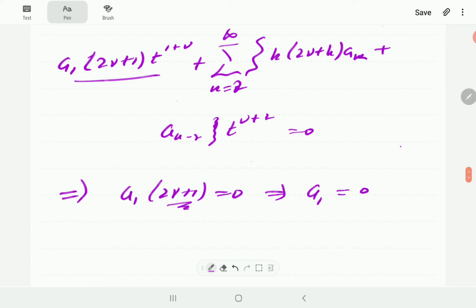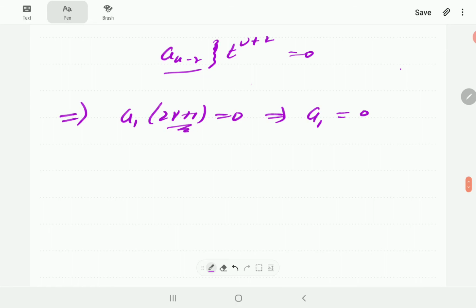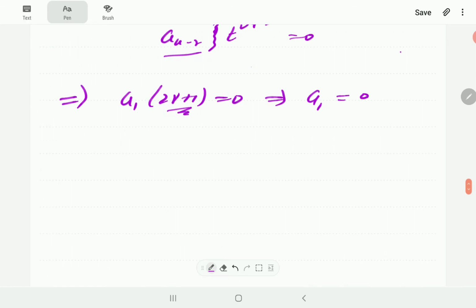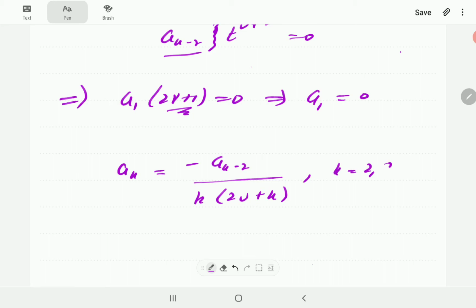And then similarly, this term is going to be equal to 0. So if we solve for ak from there, we're going to have ak equal to negative a k minus 2, all divided by k times 2 nu plus k. This is for k equal to 2, 3, and so on.